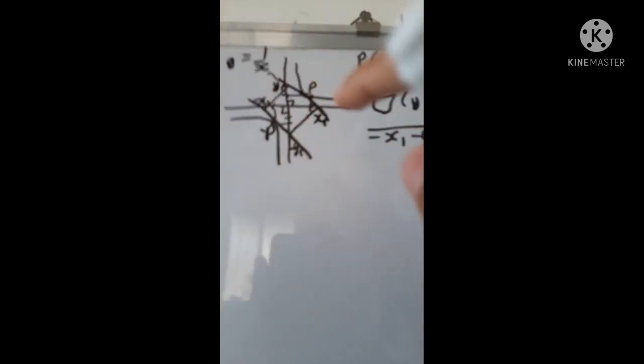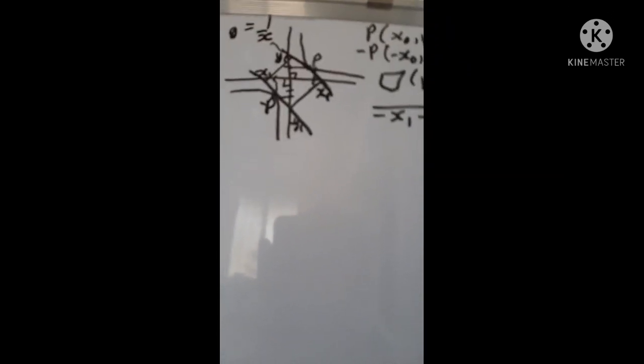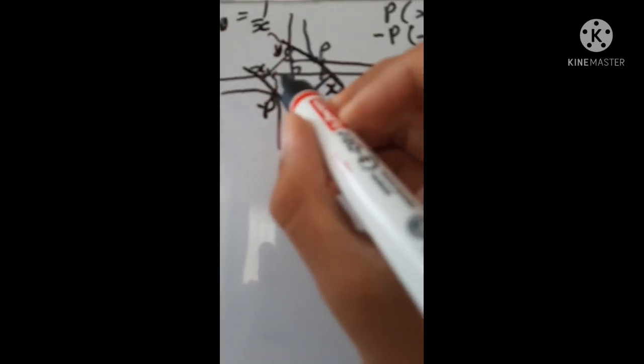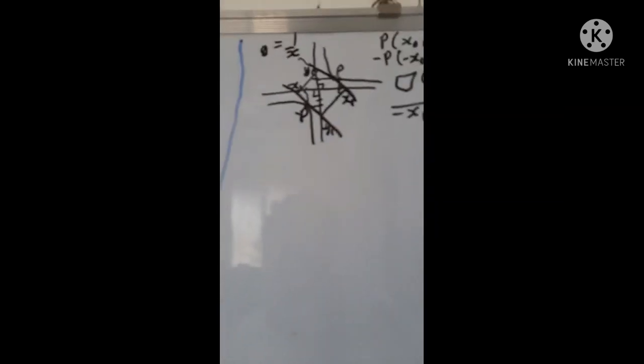And then the diagonals intersect at 90 degrees. Okay, just realize that, of course, because the diagonals are the axes, and the axes by definition are perpendicular to each other. So we have that much information with us.